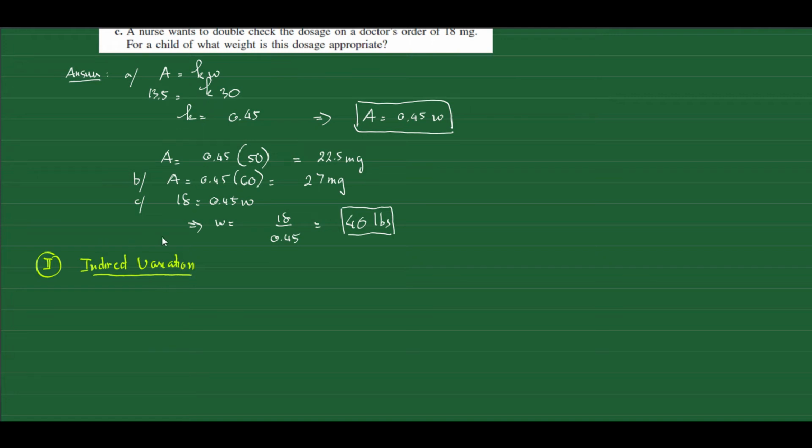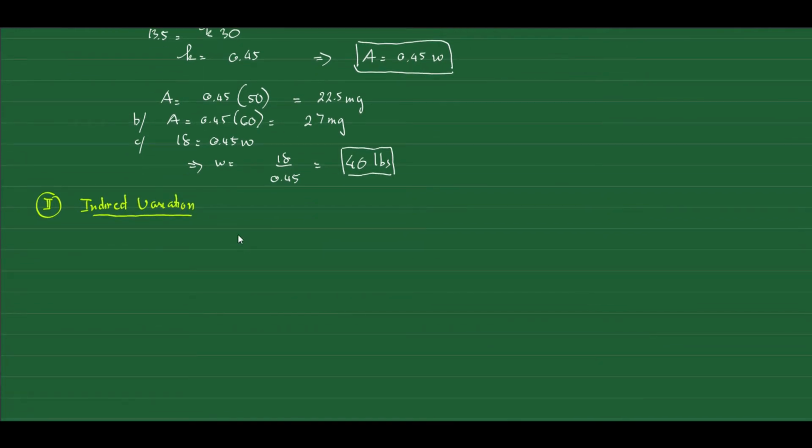The formula for indirect variation, or inverse variation, is y equals k over x. The difference between the direct and indirect is that for the direct one, if y is increasing, x will be increasing, and if y is decreasing, x will be decreasing. But for the indirect one, if y is increasing, then x will be decreasing, and vice versa.